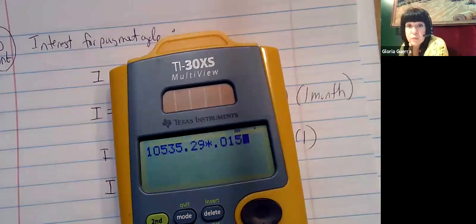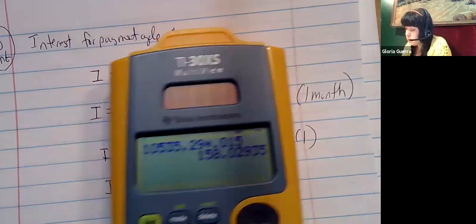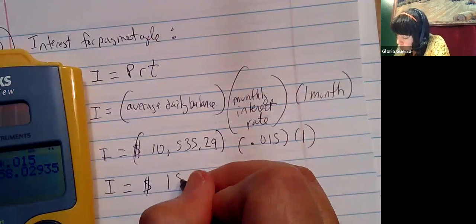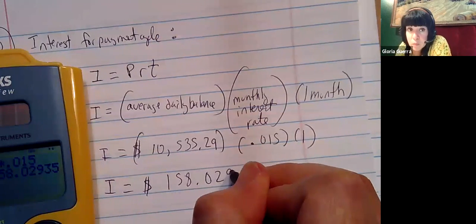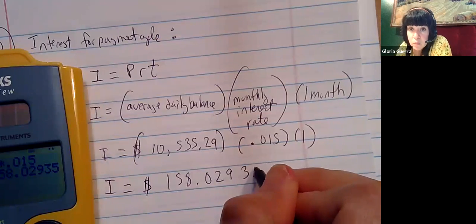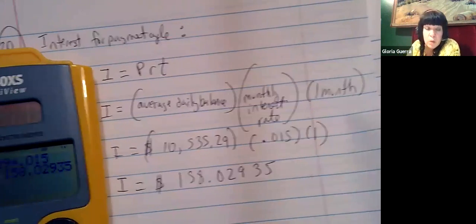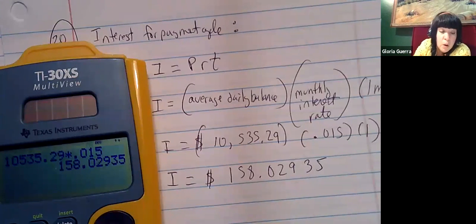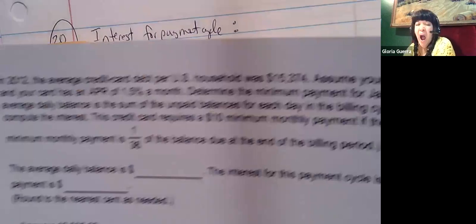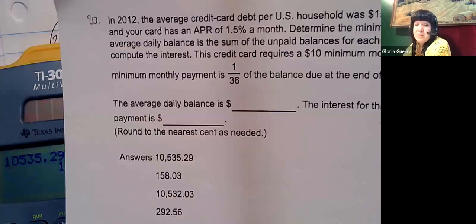Times 1. You don't have to do times 1. So you should get this. Oh, see the second value there? And there's the penny.